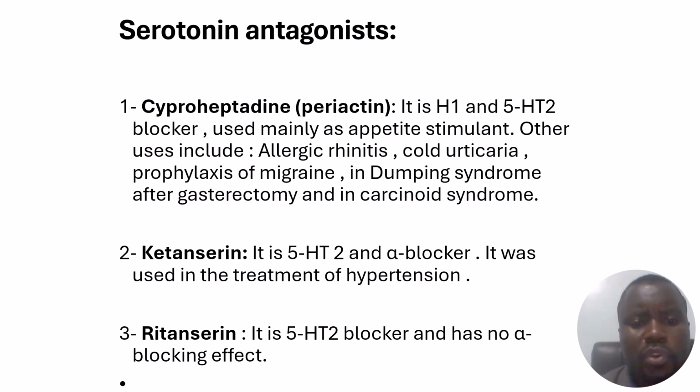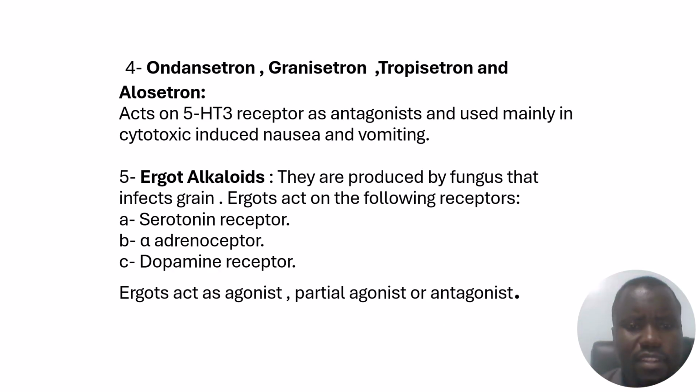We also have cyproheptadine, which is an antagonist, but it's also an H1 receptor antagonist. We have ketanserin and ritanserin. Ondansetron, granisetron, these ones are serotonin type 3 receptor antagonists.